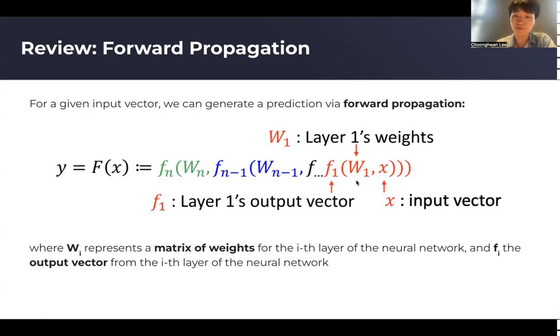If layer 1's weight is represented by a matrix W1, our function f1 will take this vector and weights, take the weighted sum, and apply the activation function. The fact that this output becomes the input to the next layer allows us to chain all of these functions together, where fn is going to be the function that maps the last hidden layer's output to our actual prediction.